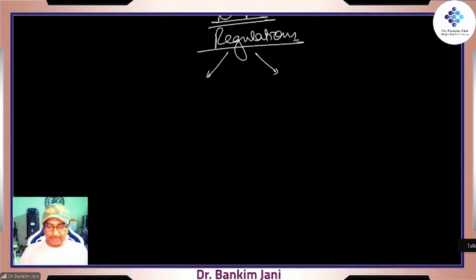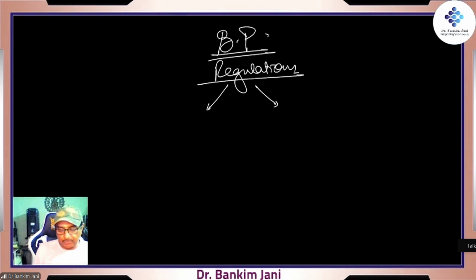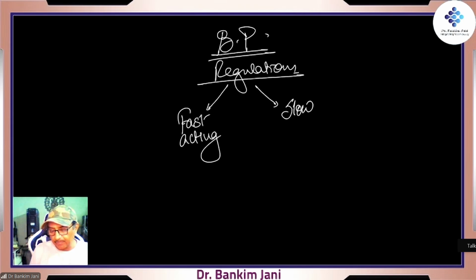Okay, so that's the reason for blood pressure regulation. One is what is called the fast acting, and second will be the slow acting, something which takes analysis, synthesis of so many chemicals, etc. But it is important because it is handling the entire body.